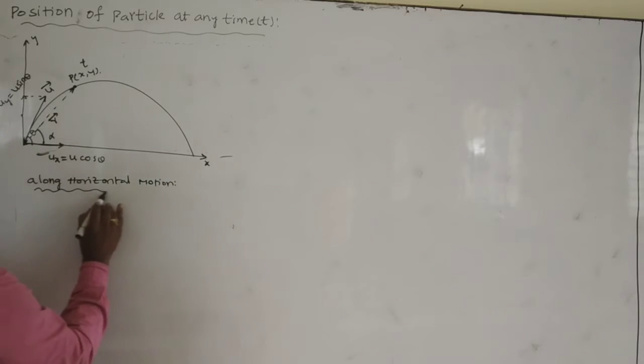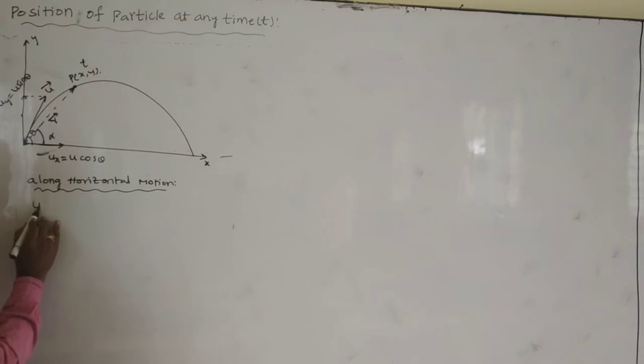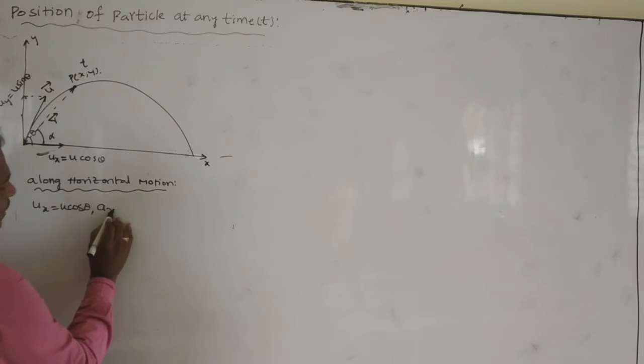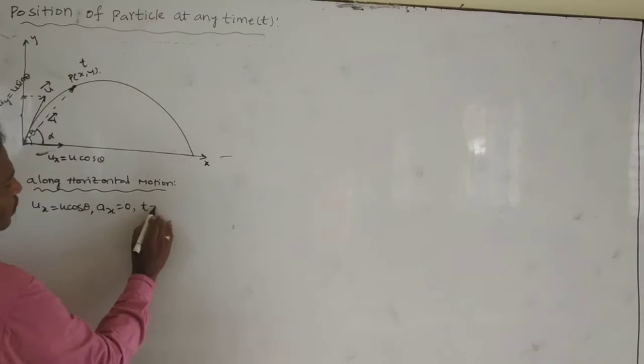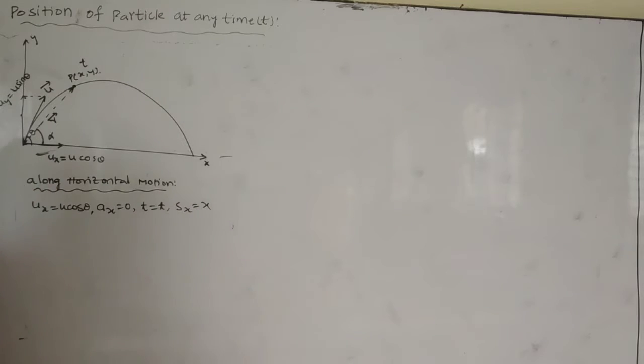Along horizontal motion, what is the initial velocity? ux equal to u cos theta, and it is constant throughout its motion. So ax equal to 0, time equal to t, and displacement along x direction is x.